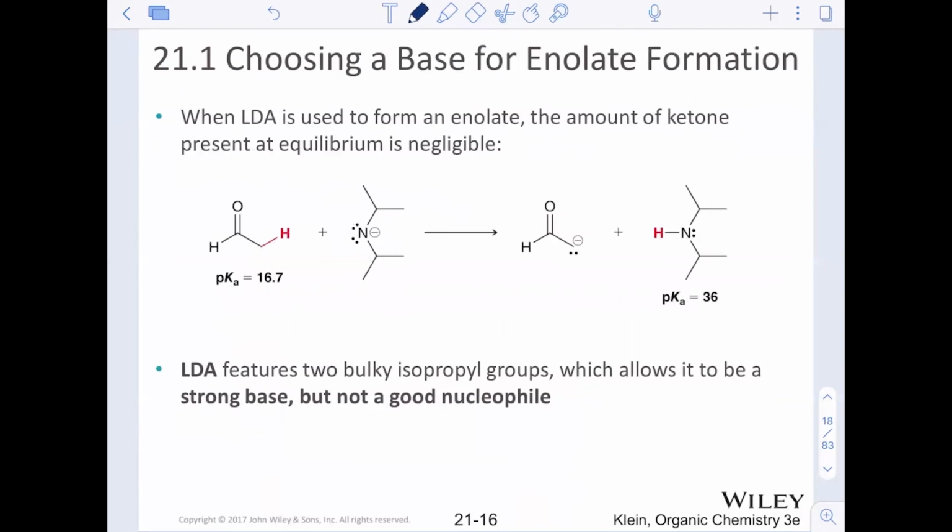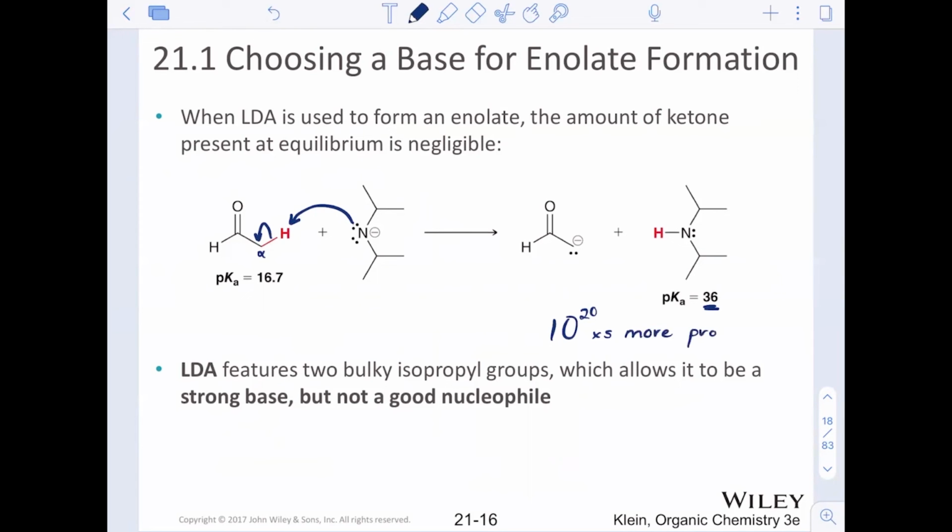When LDA is used to form an enolate, the amount of ketone present at equilibrium is almost zero. We will see that nitrogen can deprotonate the alpha carbon, pKa 36 for the conjugate acid, which is 20 times higher than the pKa of the original acid, which means, again, log base 10 scale, 10 to the 20 times more product.